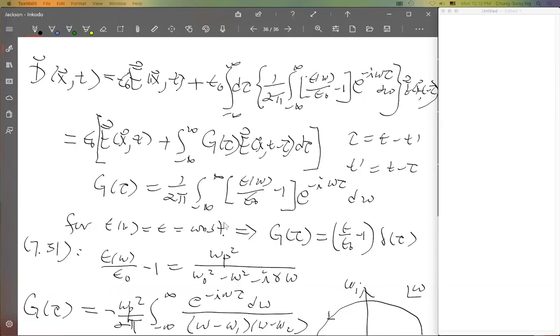So the physical model that we derived before has this epsilon as a function of omega that makes g non-zero only for positive tau, so that D will only depend on the electric field in the past. So this physical model of epsilon actually satisfies the causality condition. Of course, not all models will satisfy that.